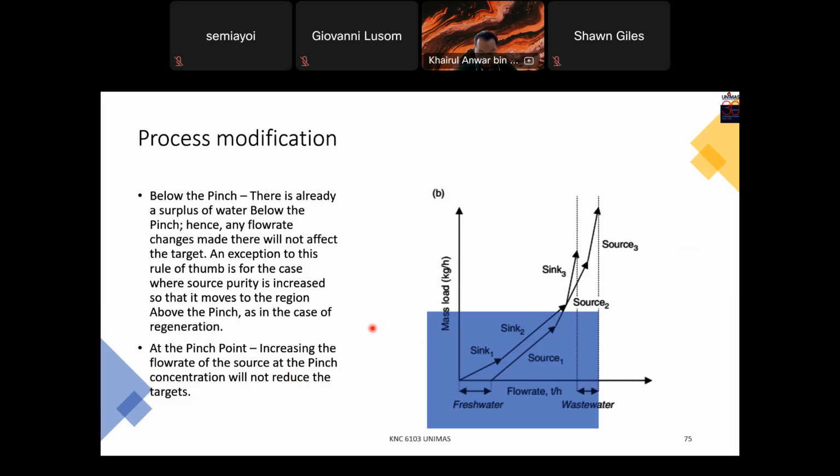If you refer to the paper, it's talking about regeneration. So talking about regeneration, meaning the water source, in this case, must be treated by using regeneration. It must be treated to a certain concentration, a certain purity level, which allows it to be used for the sink.